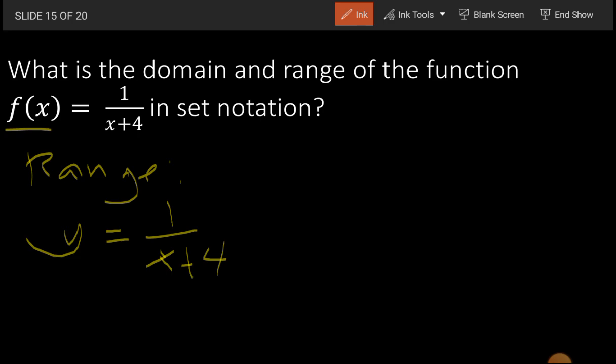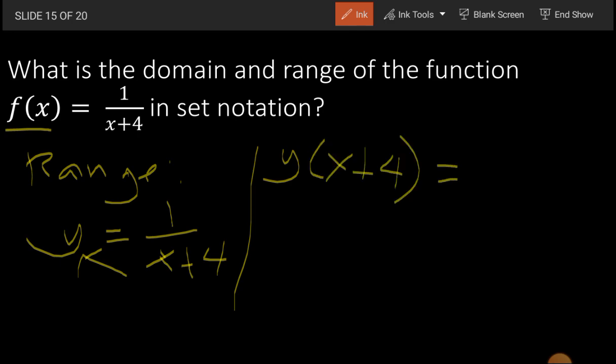Then we cross multiply x plus 4 to the location of y. So we have y times x plus 4 equals 1. And distribution, so we have xy plus 4y equals 1. Then we are going to solve for x in terms of y.